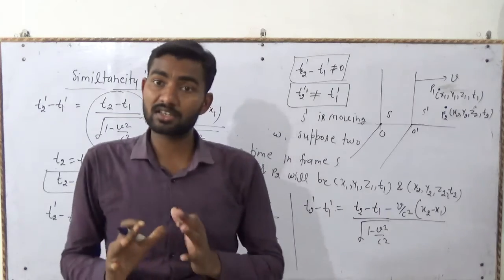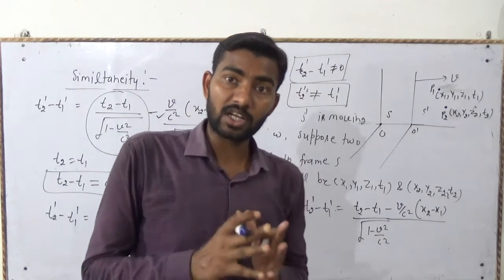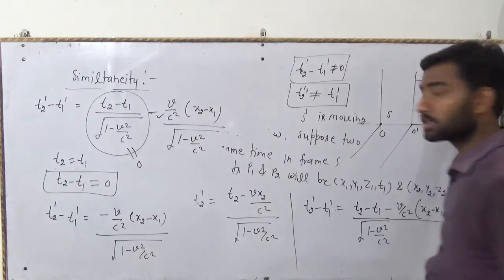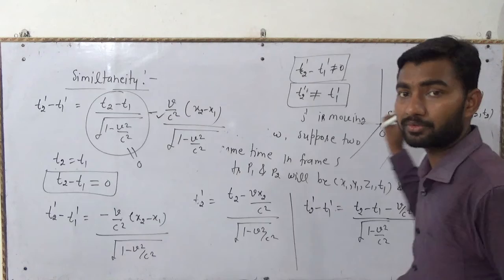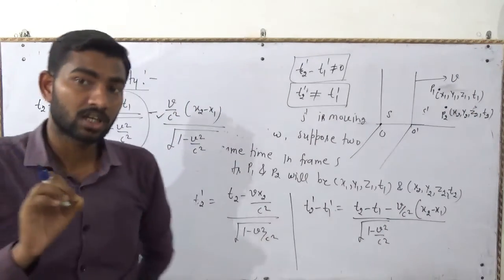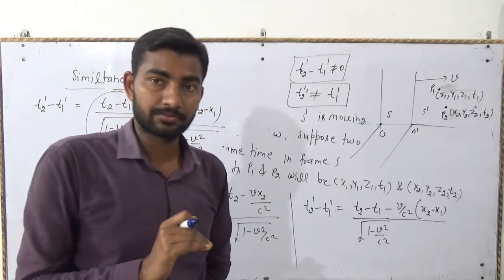If frame of reference S dash is moving with uniform velocity v, then the two events which were simultaneous in frame S are not simultaneous in frame S dash, because S dash is moving with uniform velocity v along the positive x-axis.